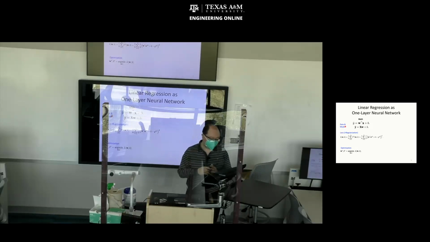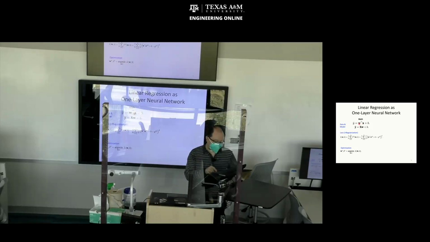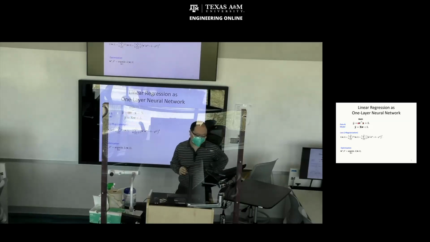For any arbitrary xi, I have the y hat, which is the prediction. This y hat is not bold-faced, indicating that it's a scalar, and x is bold-faced, indicating it's a vector, and w and x are bold-faced and lowercase, indicating that they are vectors, right?